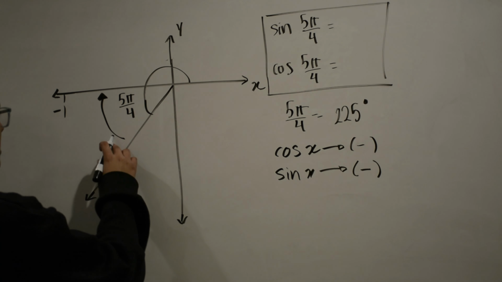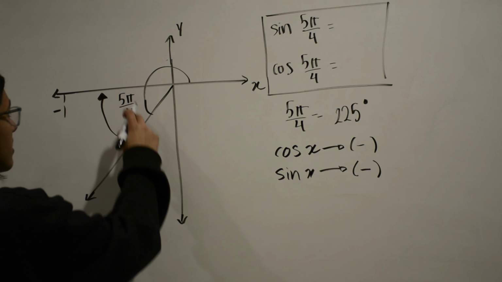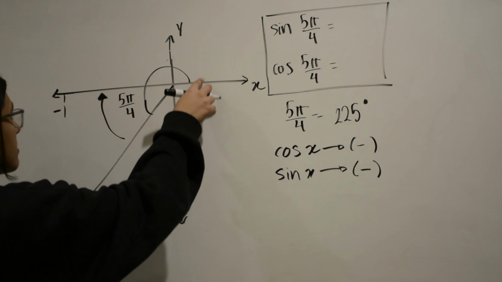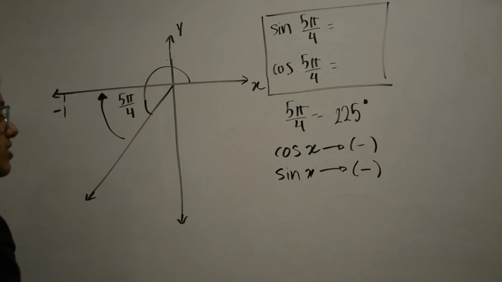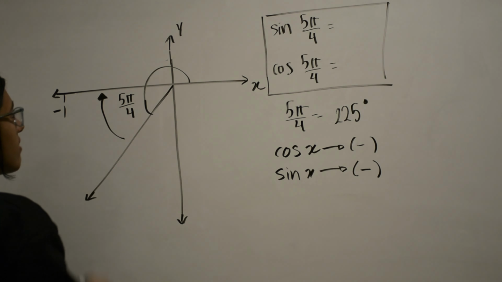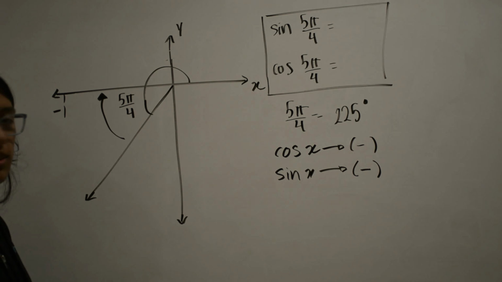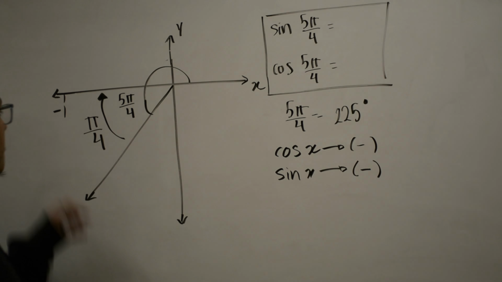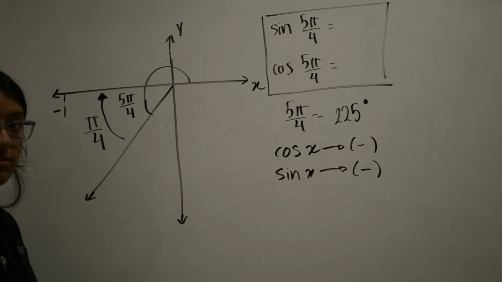Now, how do we essentially find this? We know that this whole thing is 5 pi over 4. We know that this whole thing is pi. So that's essentially 5 pi over 4 minus pi. Well, 5 pi over 4 minus pi is essentially pi over 4, so we're just going to write pi over 4. And pi over 4 is our reference angle.